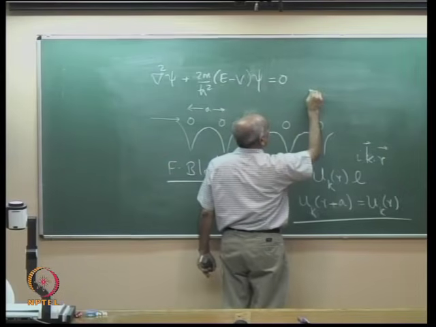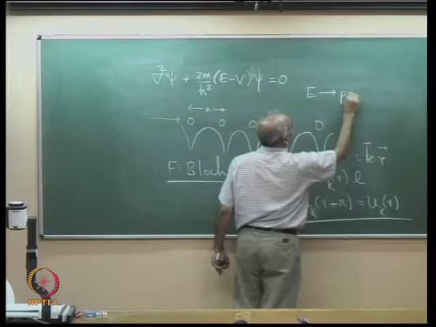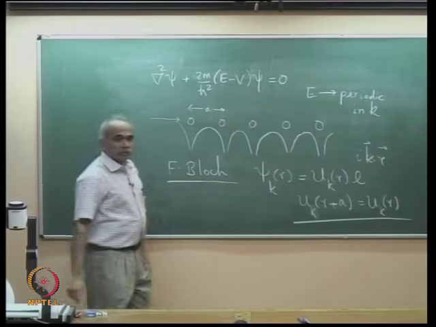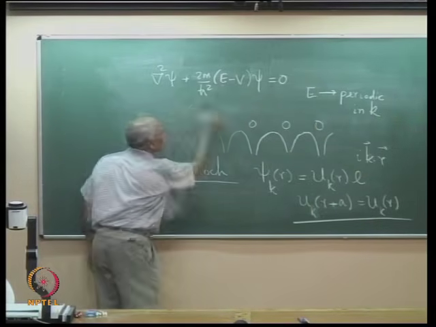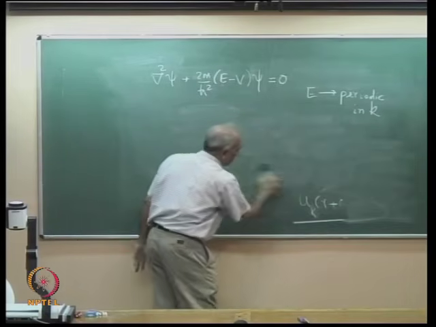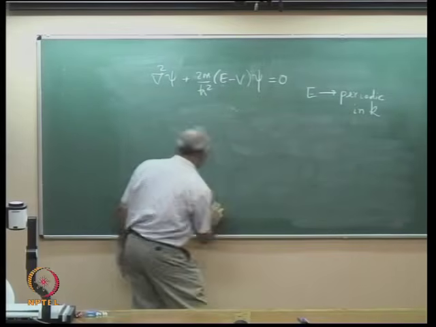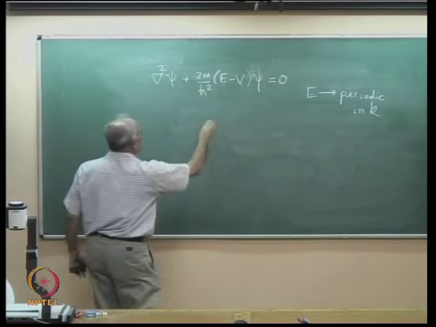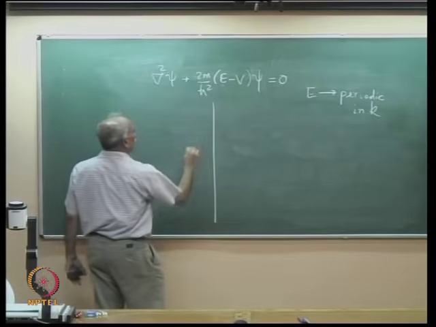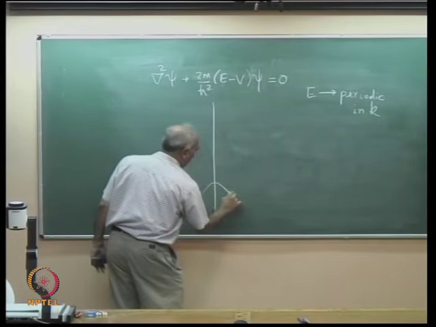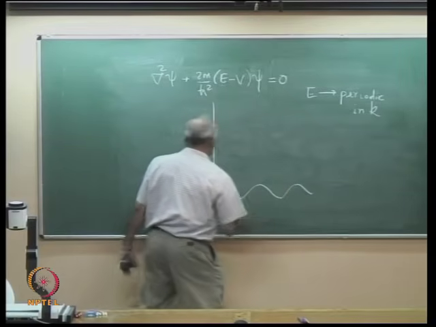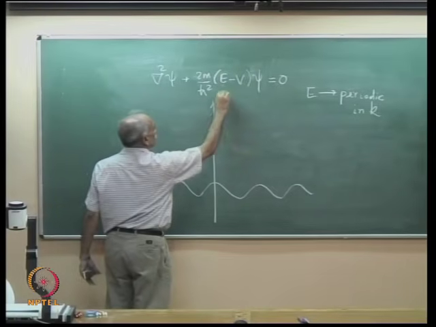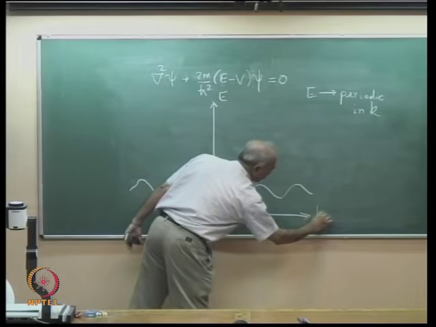E also turns out to be periodic in k, which means if you plot, I am directly giving you the results of this, energy versus k, then for each allowed discrete energy level, you get periodic functions. So always the vertical axis is E and this axis is k.